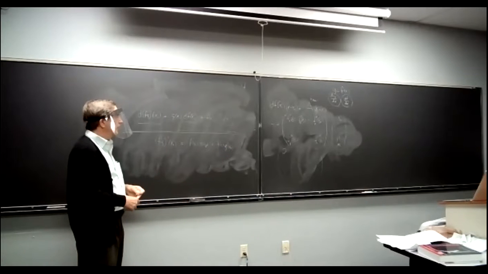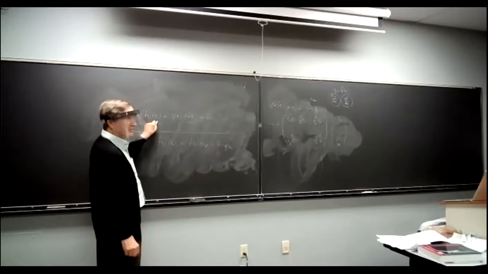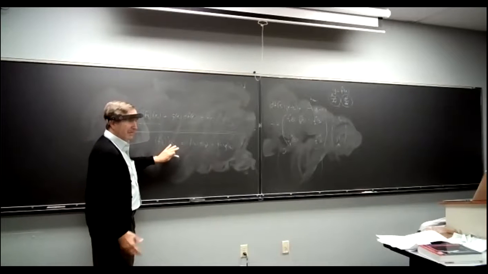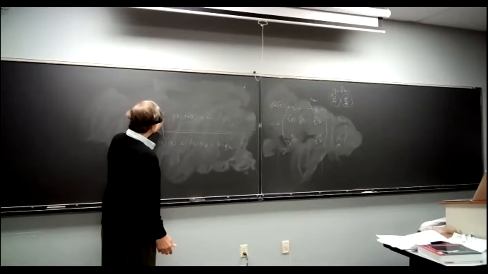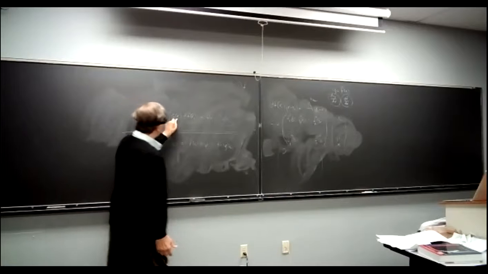Fine. Now, but this is a function. So to make this one up here look like this one down here, you evaluate the function at some place, like x. Now I should have put bars under here.